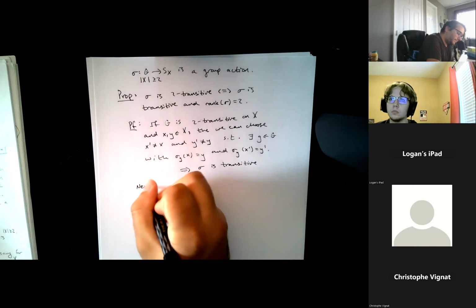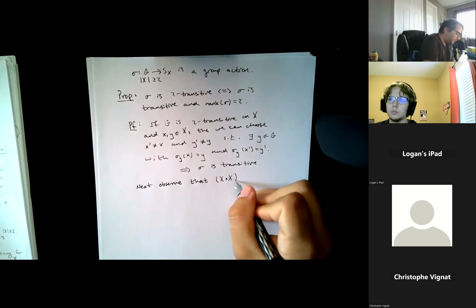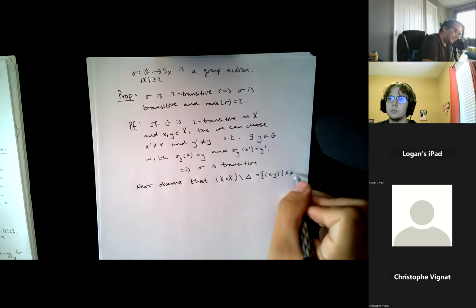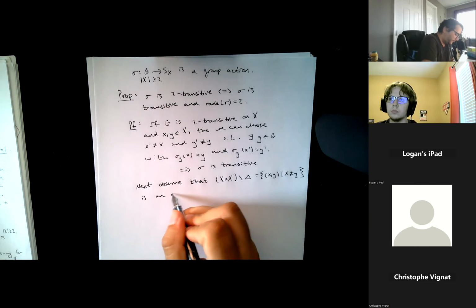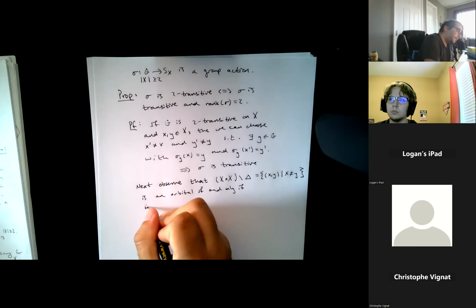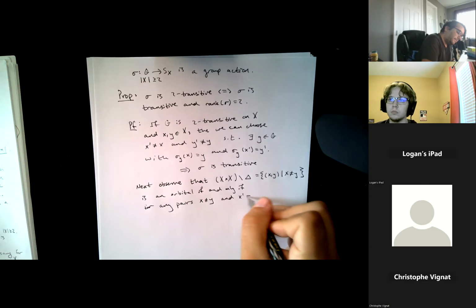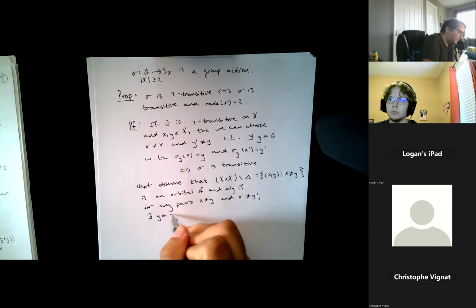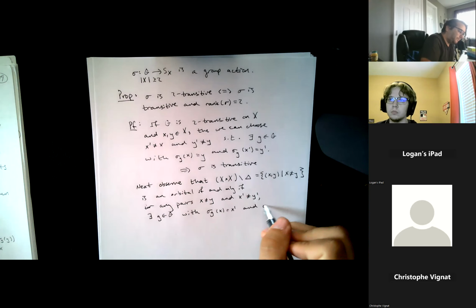So next, observe that x cross x minus delta, so this is just the set of all pairs such that x is not equal to y, is an orbital if and only if, for any pairs x not equal to y and x prime not equal to y prime, there exists a g in G with sigma g of x equal to x prime and sigma g of y equal to y prime.